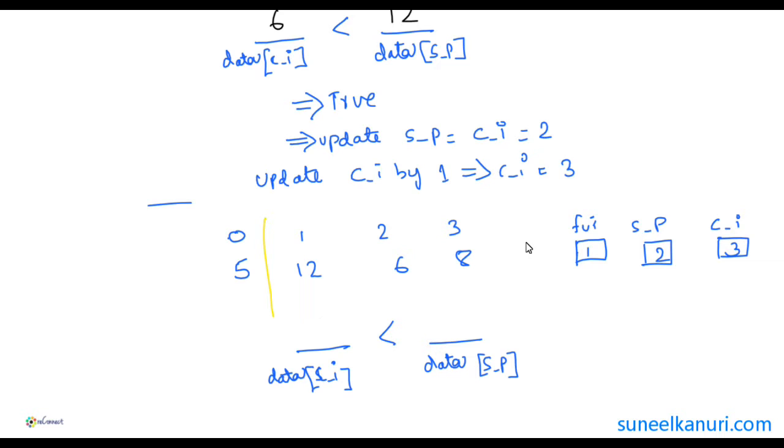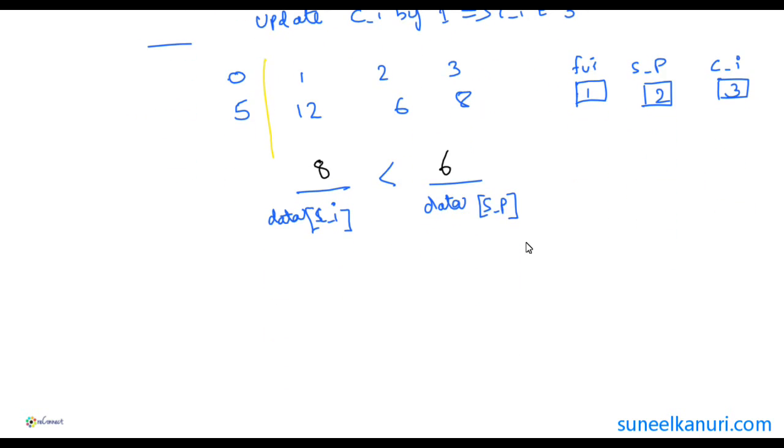Position 3, which has a value of 8, and our next assumed smallest position is pointing to position 2, which has a value of 6. And as you know, 8 is not less than 6. This will become false. So we will not be updating anything except for moving our current index or comparable index to the next position, which would make it 4.